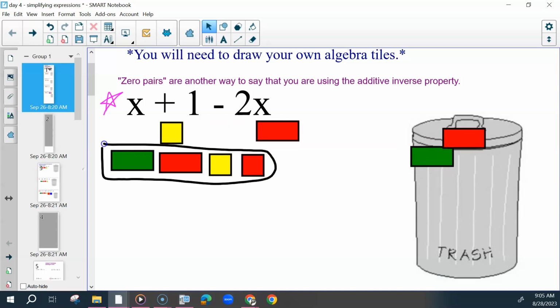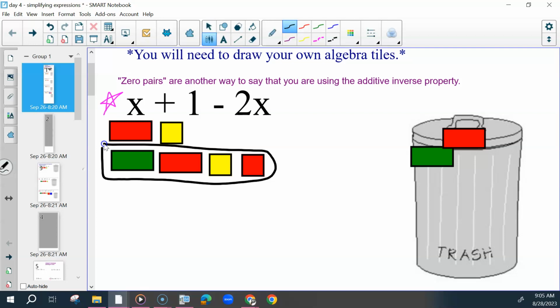So I'm going to move those off to the side so that is my trash pile and look at just what is left. So, yes, it is x, but is it positive or negative? Negative x plus 1, or negative 1x plus 1, would be the final answer for that. So make sure you write that down on that example.